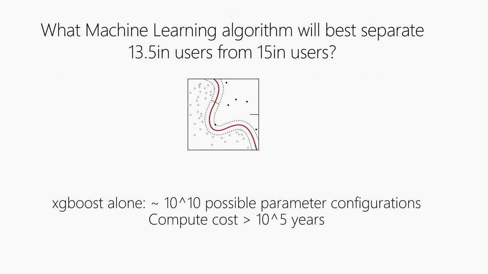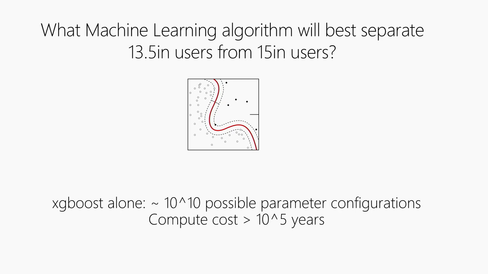The next thing we need to do is think about what learner we want, what machine learning algorithm, and what set of parameters we should select so that we can optimally separate the users who tend to select 13.5-inch computers from the users who select 15-inch computers. And here we have a huge combinatorial explosion.